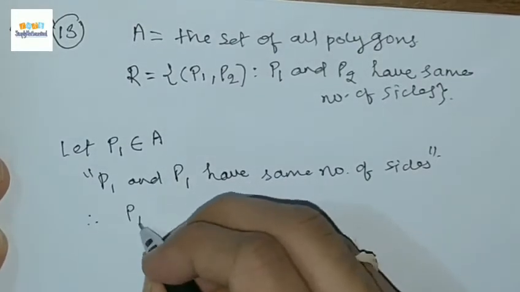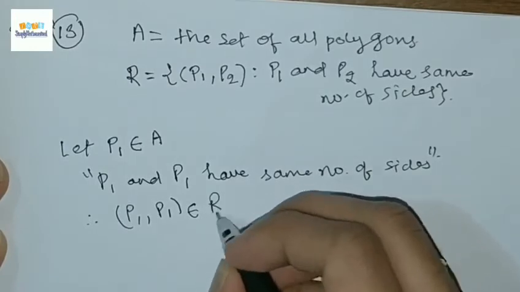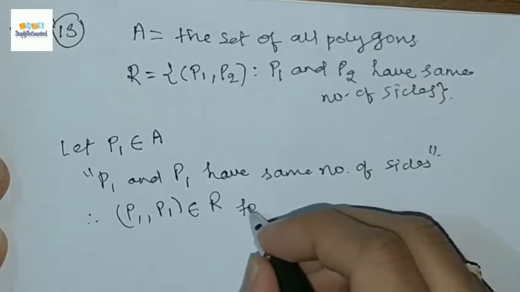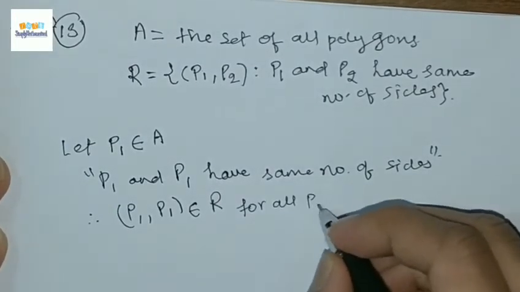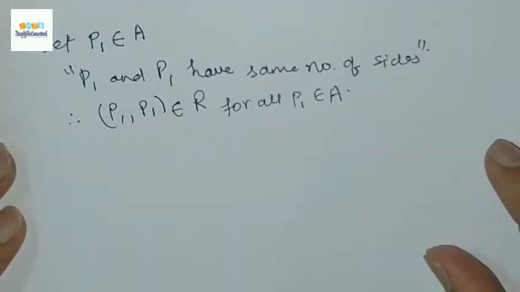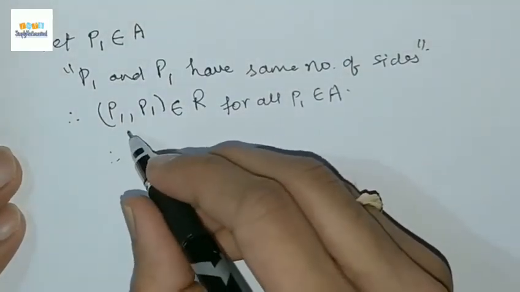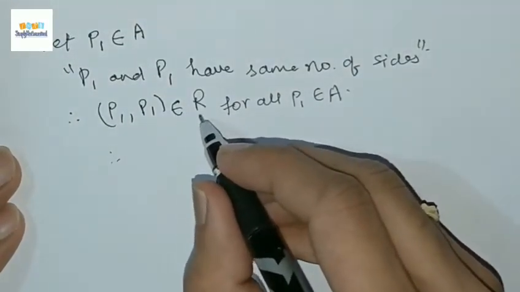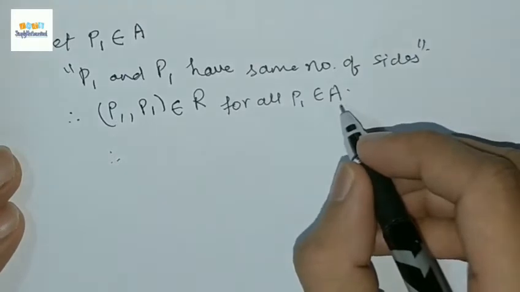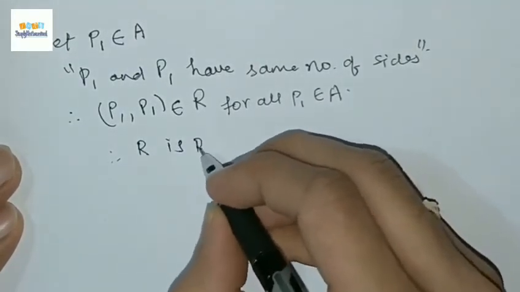Therefore, P1, P1 will belong to the set R. This is for all polygons P1 belonging to the set A. Therefore, since P1, P1 belongs to R for all P1 belonging to the set A, R is reflexive.